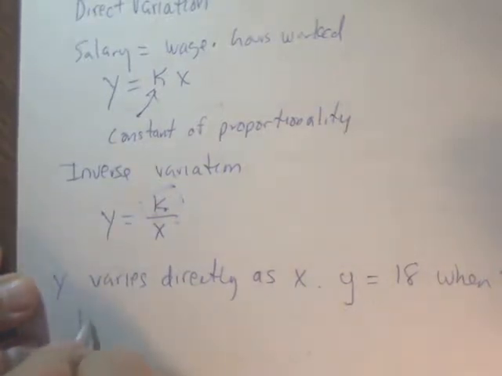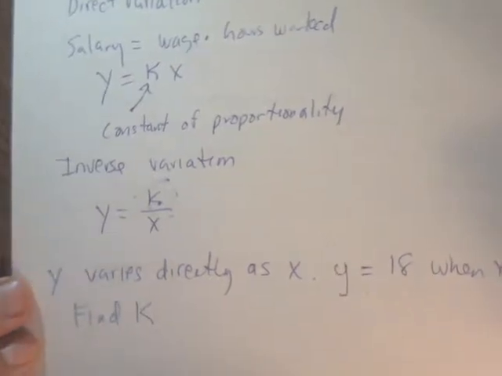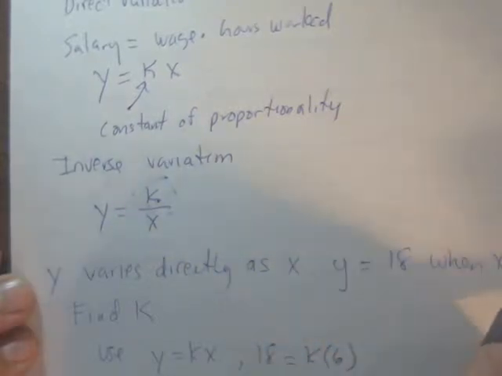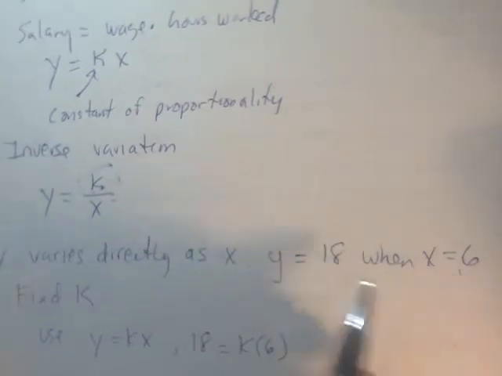So first of all, we want to find k. So we use y equals k times x. We know that 18 is k times 6, coming from right here and here.